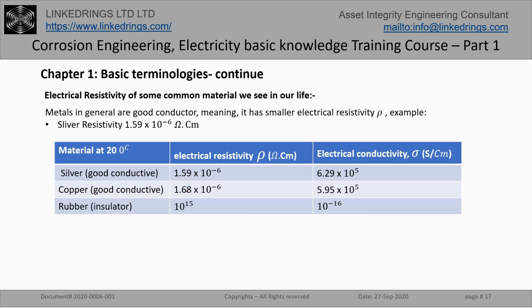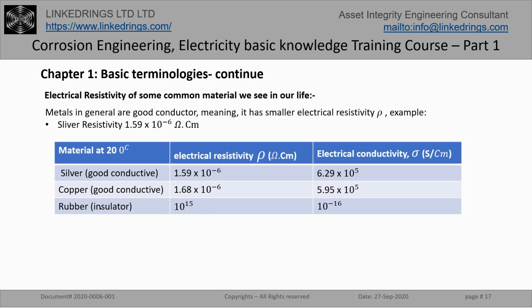So they have very small electrical resistivity of almost 1.6 times 10 power minus 6, while the electrical conductivity will be high, around 6 times 10 power 5. Yes, silver is a slightly better conductor than copper.